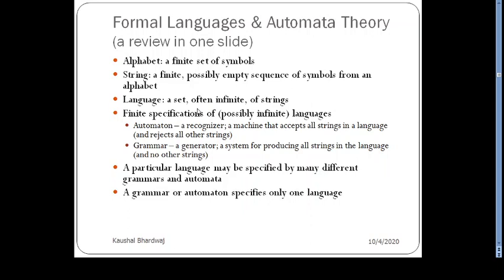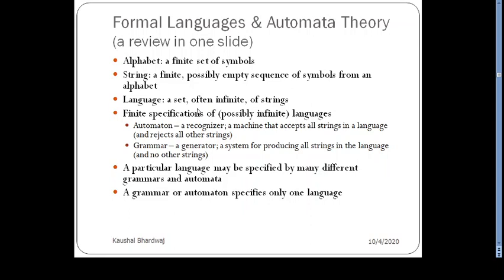It means that there will be a recognizer which will recognize this language. That recognizer will accept all the strings of this language and reject all other strings. Such a recognizer can be called an automaton, a machine that accepts all the strings in the language and rejects the other strings.